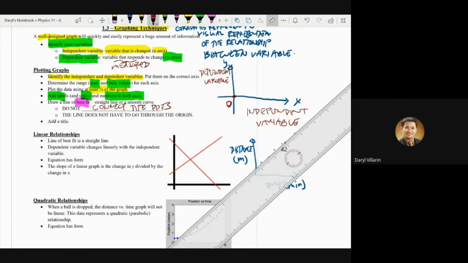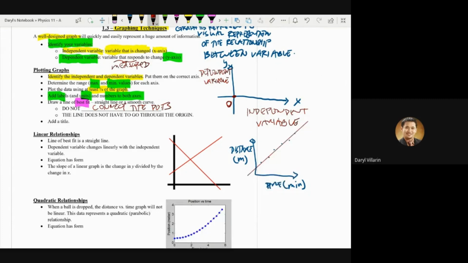My straight line doesn't hit all the data points, and that is correct. Again, do not connect the dots. Examine what would be the best curve that fits your data points. If it's a straight line, draw a straight line. If it is quadratic, draw a quadratic form. If it is radical, draw a radical function.